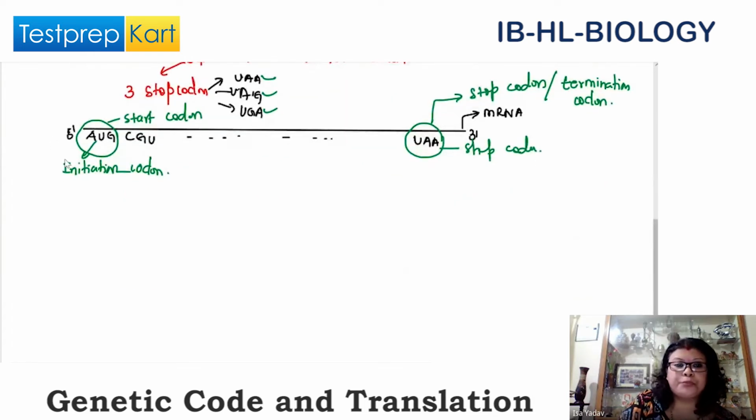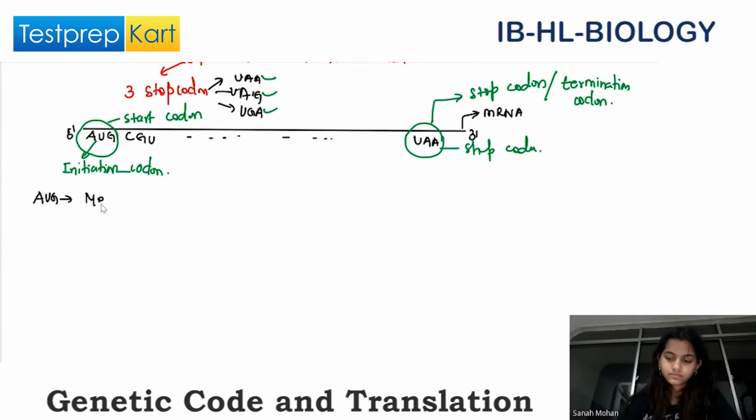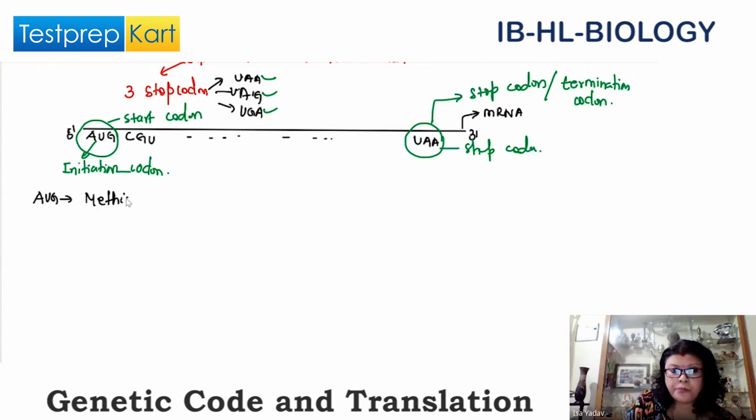Start codon AUG codes for methionine, and GUG, which is also an initiator codon, codes for valine.